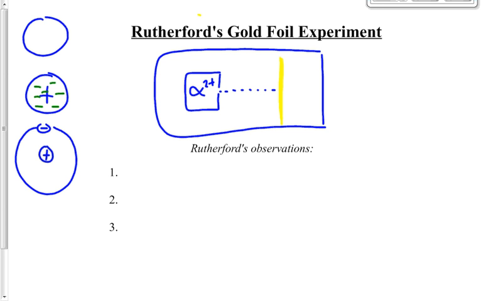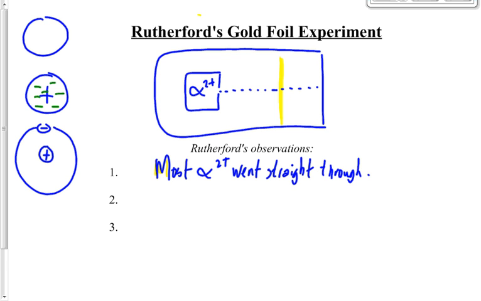Now, Rutherford and his assistants made 3 observations here. The first observation was what? Most of these alpha particles did what? Went straight through. Most of the alpha particles did this.